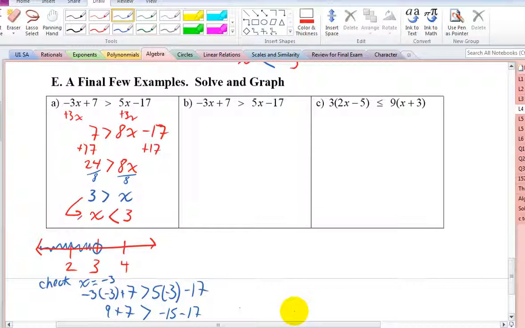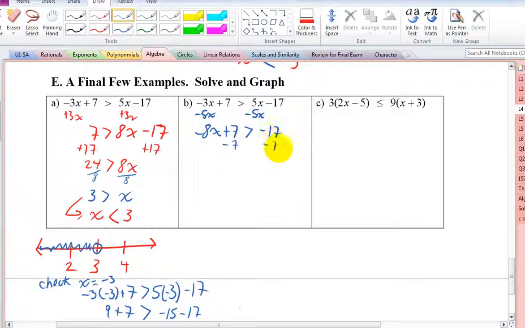Oh, sorry. What we want to do, now this is where I want to get tricky with you, is now I want you to move the 5x to that side. So we're going to minus 5x. Is there anything wrong with subtracting? No. We get negative 8x plus 7 is greater than negative 17. Then we're going to move the 7 by subtracting.